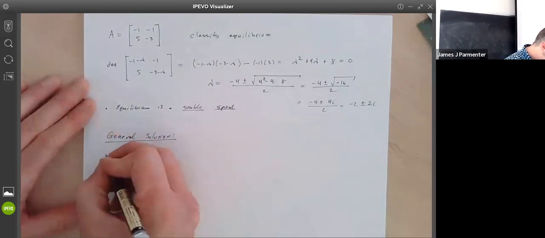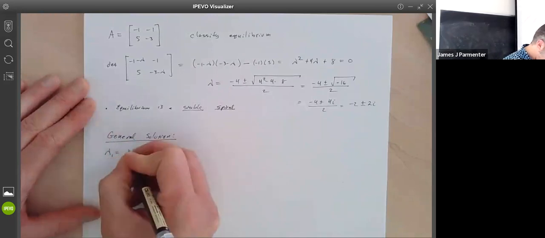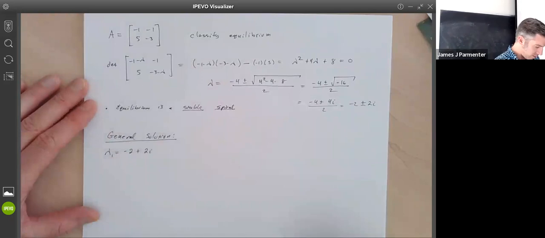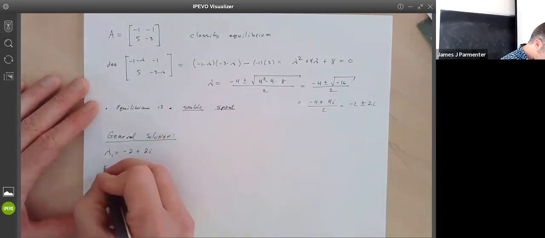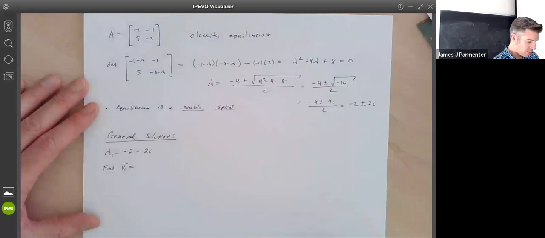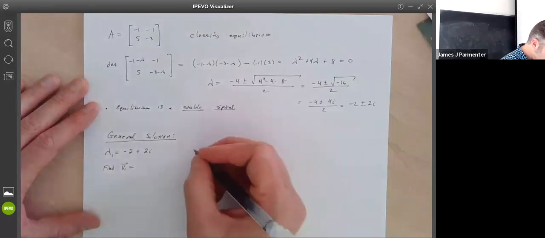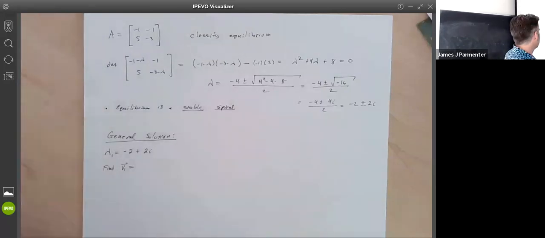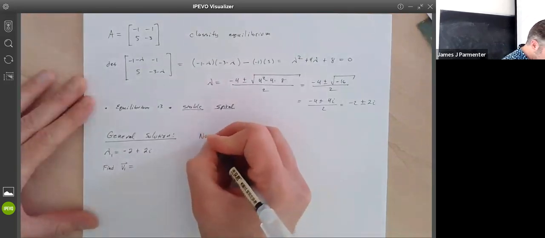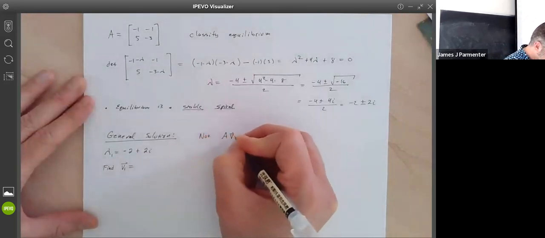So let's look at lambda 1 equal to -2 plus 2i, and we're going to find the eigenvector for it. We're going to do the usual thing, but maybe in the less usual way, meaning I'm not going to do this, even though it would work just fine.